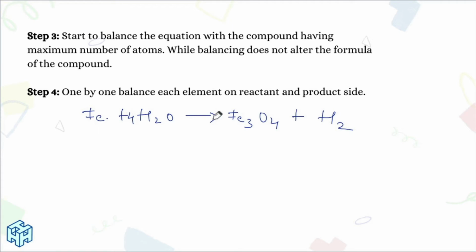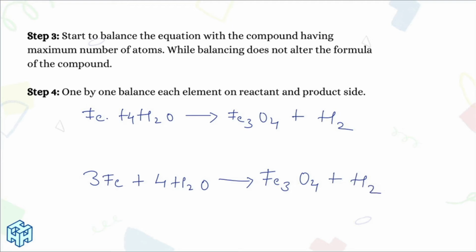Now how much do we have? Here 3, so make it 3 here also. So we get 3Fe plus 4H2O, giving Fe3O4 plus H2. How many elements? 3, 3. This is 4, 4, perfect. What is imbalanced here? This has become 8. Just add it here.